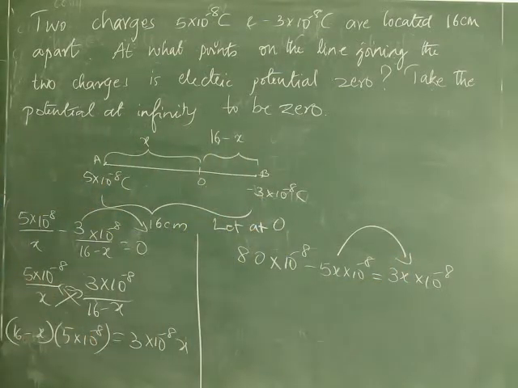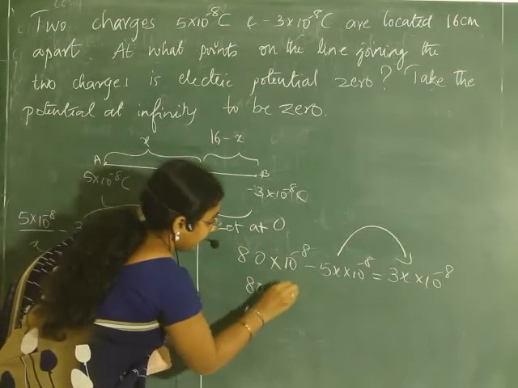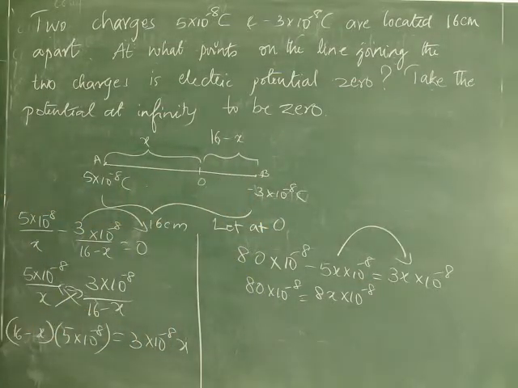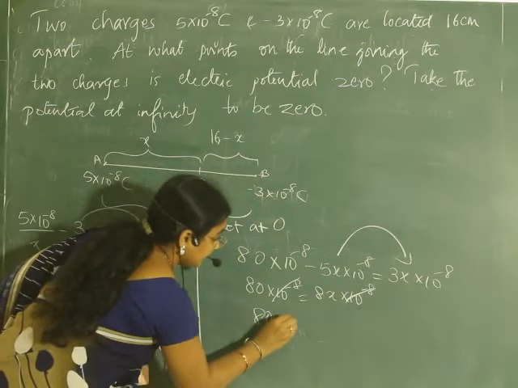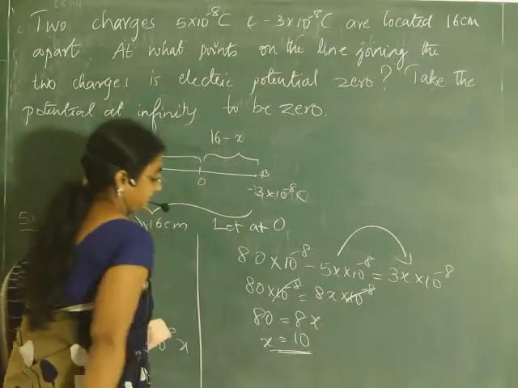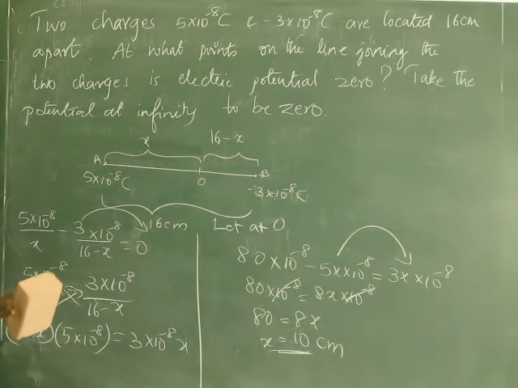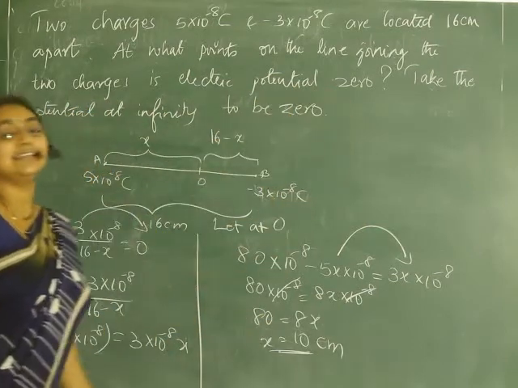What is the answer? 80 into 10 to the power minus 8 is equal to 8x into 10 to the power minus 8. Correct? Then, next step. 80 is equal to 8x. x is equal to 10 centimeter. So we got the value. x is equal to 10 centimeter. So at 10 centimeter, the electric potential is 0.